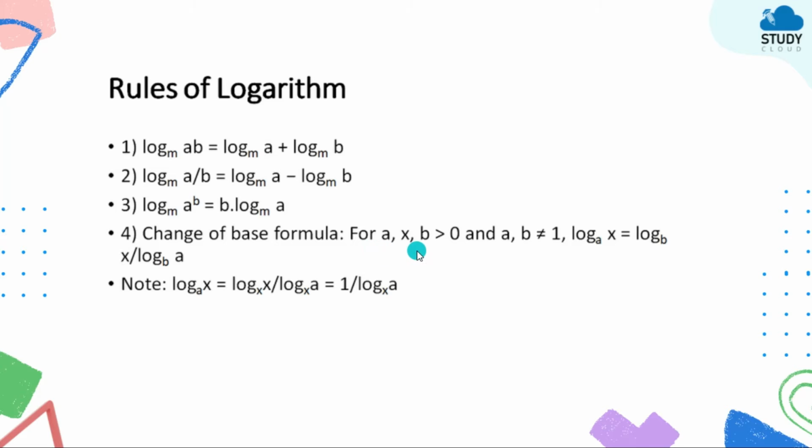A, x, B should all be greater than 0, and A and B not equal to 1. log_A x is equivalent to log_B x upon log_B A. See, here you have changed the base from A to B. Note that log_A x is equal to log_x x upon log_x A, which equals 1 upon log_x A.